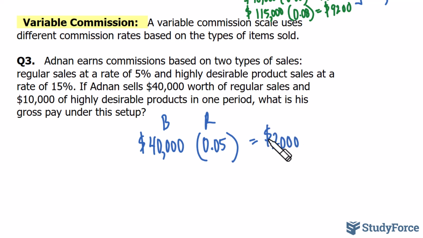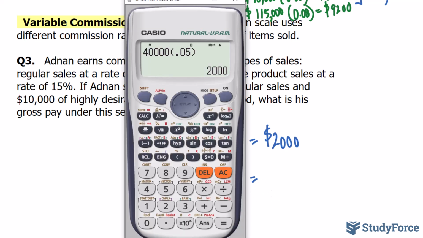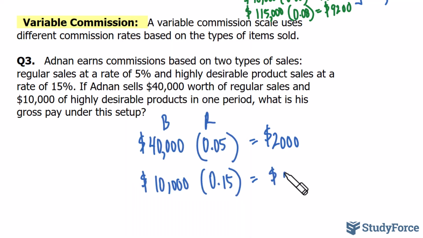And he also sells $10,000 of highly desirable products. So again, we'll use the same formula, the percent proportion formula, and multiply that by a rate of 0.15 or 15%. We end up getting 1,500. Summing these up, we end up with a total commission of $3,500 for Adnan.